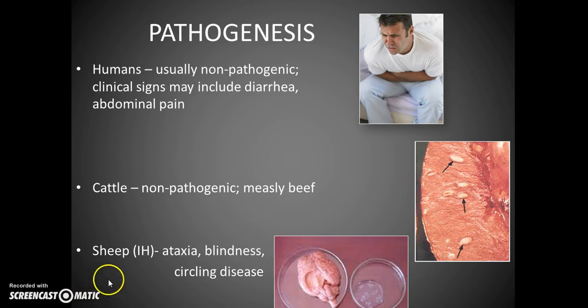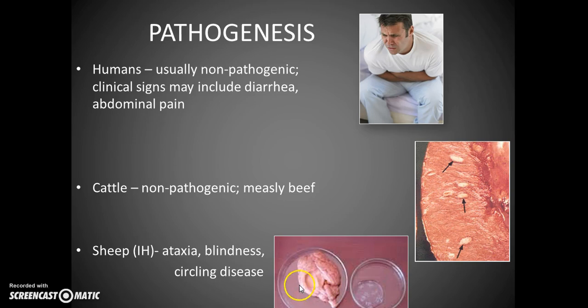Now, there is one thing to keep in mind, and that is sheep. If sheep become the intermediate host, meaning the sheep eat the eggs from the pasture or a feedlot, they can actually develop ataxia, blindness, and circling disease. That is because the cysticerci actually head to the brain in sheep, and it can take up this much space.